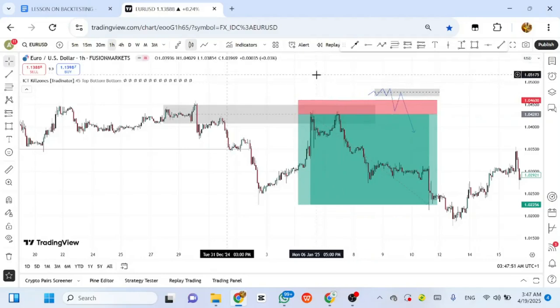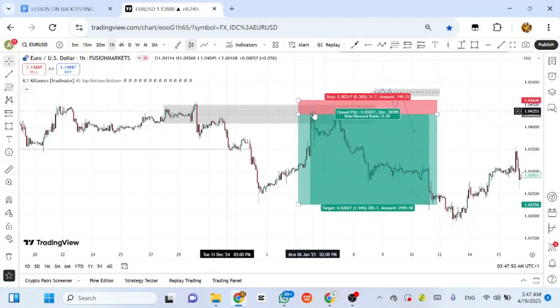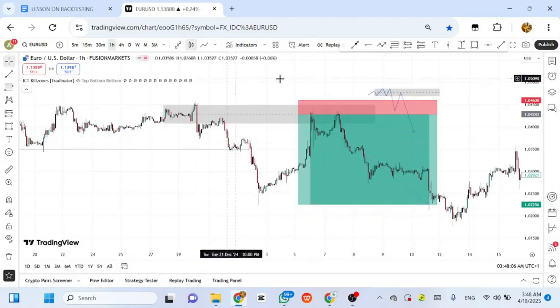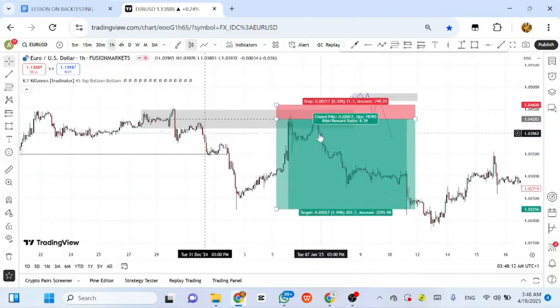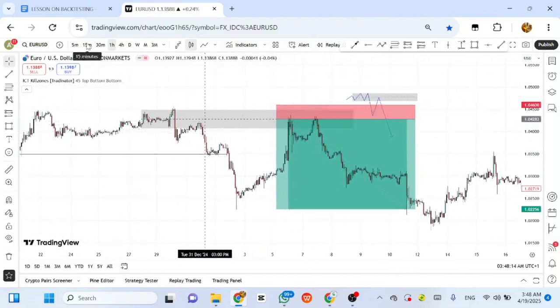After, I will just wait for market to come into this zone without any passive order. So coming to this, I will just watch for reaction. After market came into this zone, what happened? Market rejected. So I will now go to the lower time frame. Notice this is not the premium version of TradingView, so that is why I cannot navigate to the lower time frame like the 50 minutes.